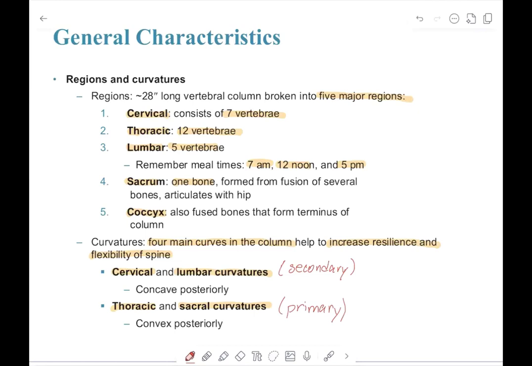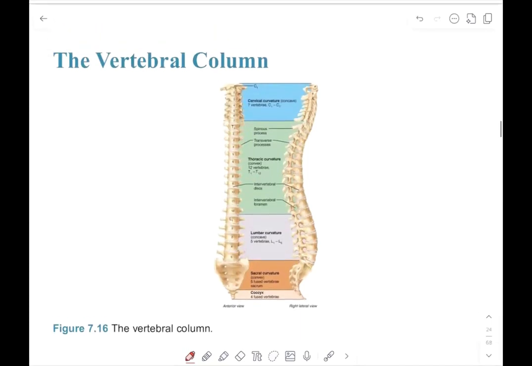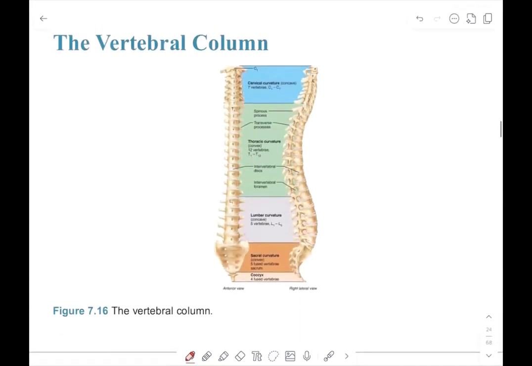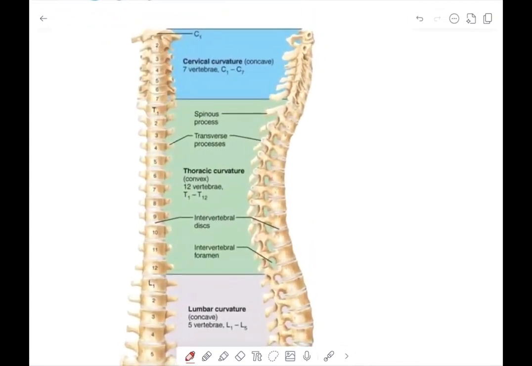Our next slide is referring to the entire vertebral column, and the vertebral column itself, remember, is 26 irregularly shaped bones.